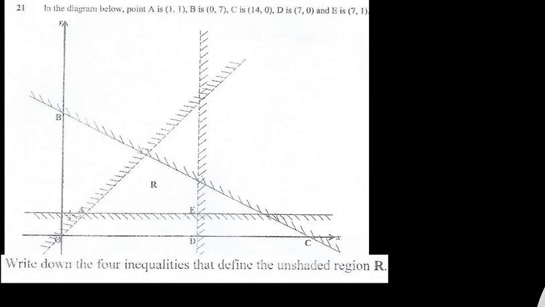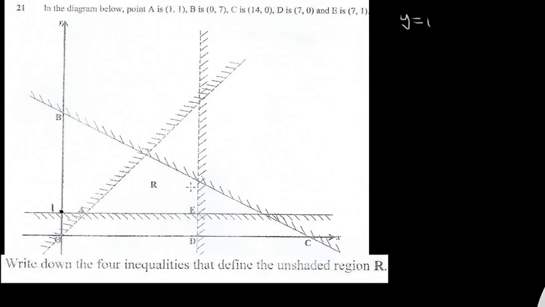For this line, we know point A is (1, 1), so in the Y, we've got 1. So we've got Y equals 1. But this is not an equation, it is an inequality.